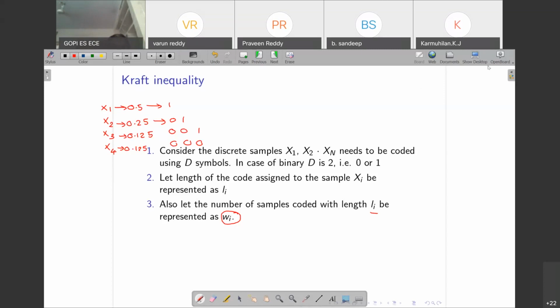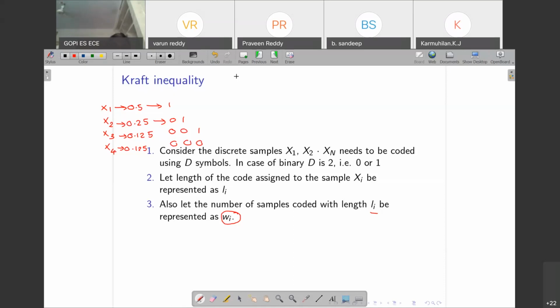You have to understand the number of symbols assigned to that particular message. That length is given here as length 1, and here it is 2. So we have 2 in this, and we have 3 here, and then here 3 is there, and this is L4.